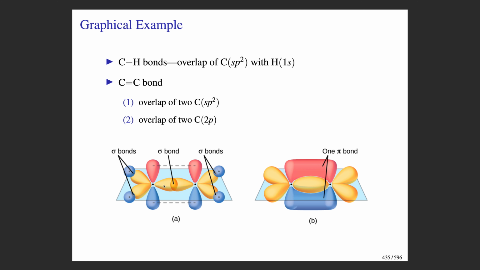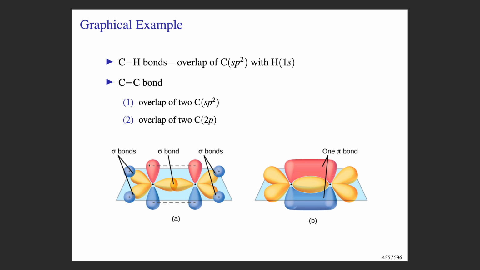So we have the three sp2 hybrids on this carbon atom and the three sp2 hybrids on this carbon atom. For each carbon atom, two of the sp2 hybrids overlap with the 1s orbitals on the hydrogen atoms, giving us two sigma bonds. The remaining sp2 hybrid orbital overlaps with the sp2 on the other carbon atom, giving us that single bond.